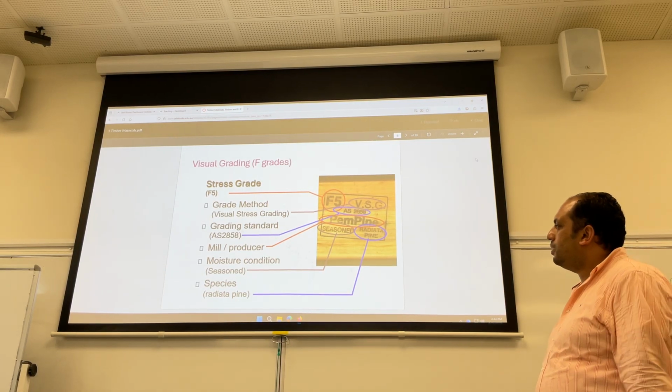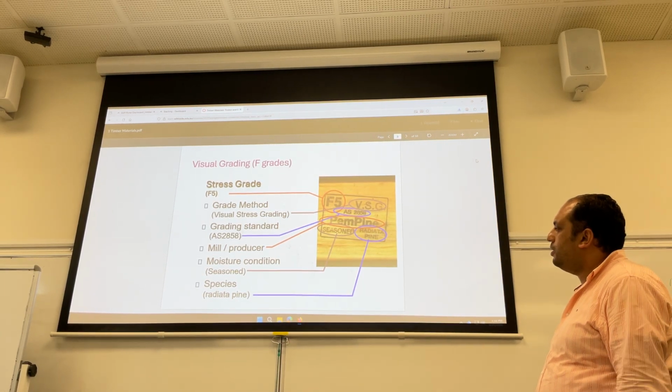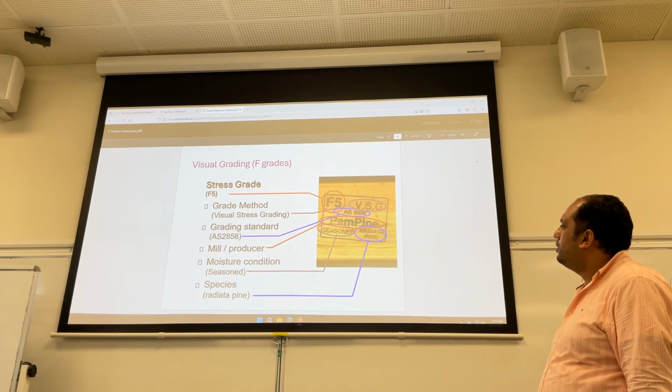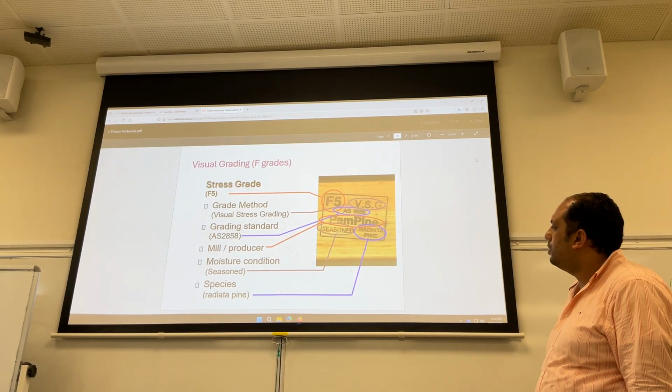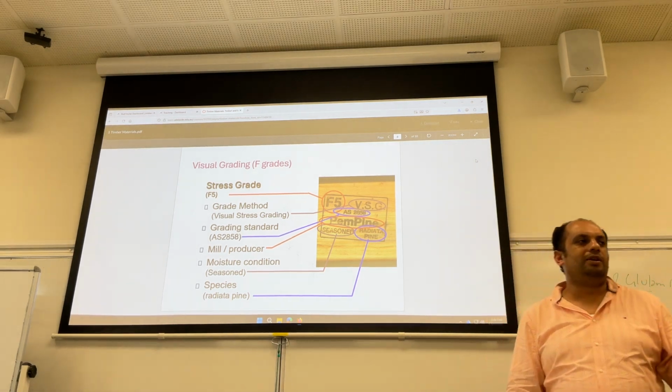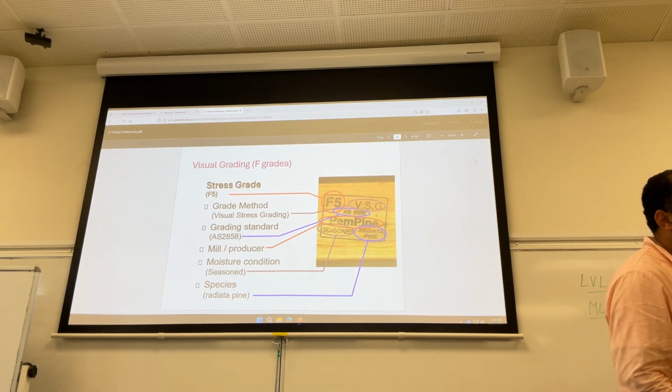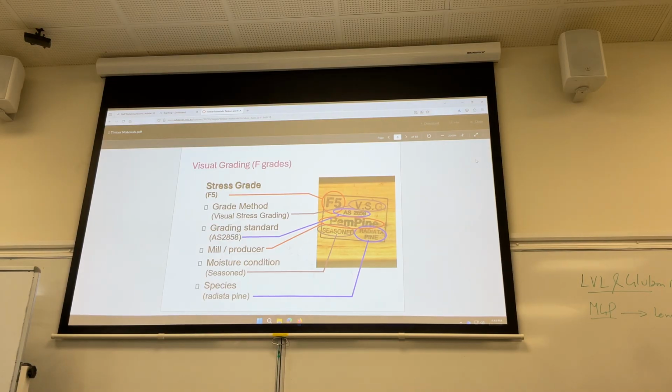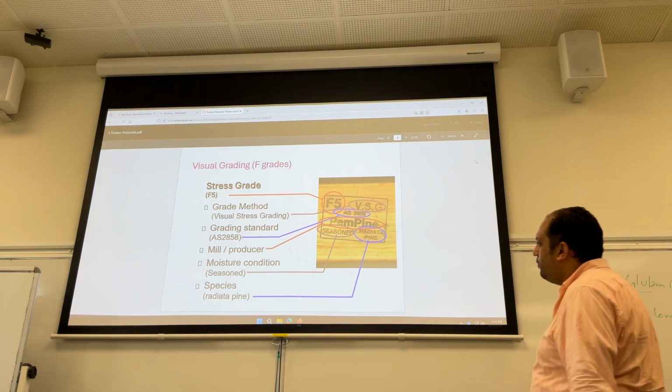The grading standard is AS2858. What else? Seasoned. Yeah. The type, we have two types of timber, if you remember, unseasoned and seasoned. Which one is better? Seasoned, because they remove the moisture content. Stronger and stiffer.